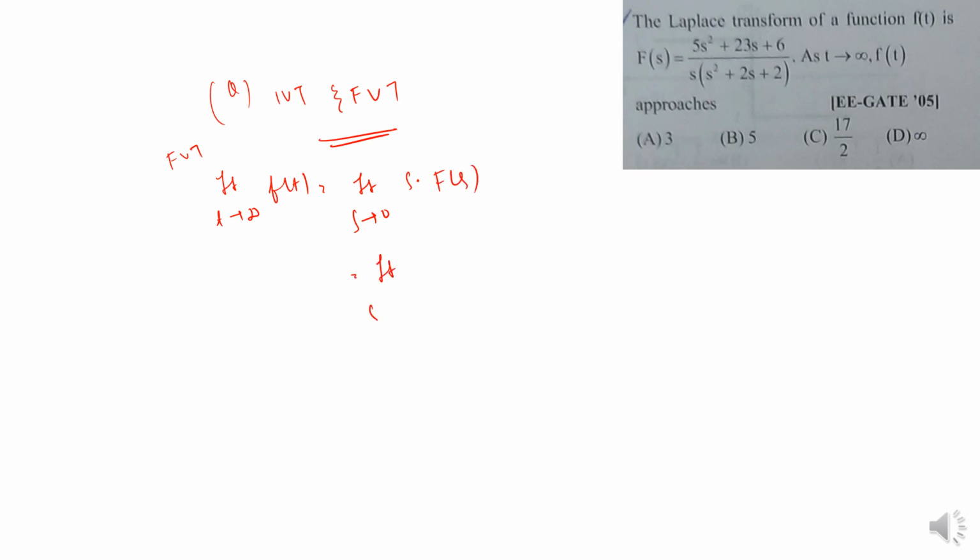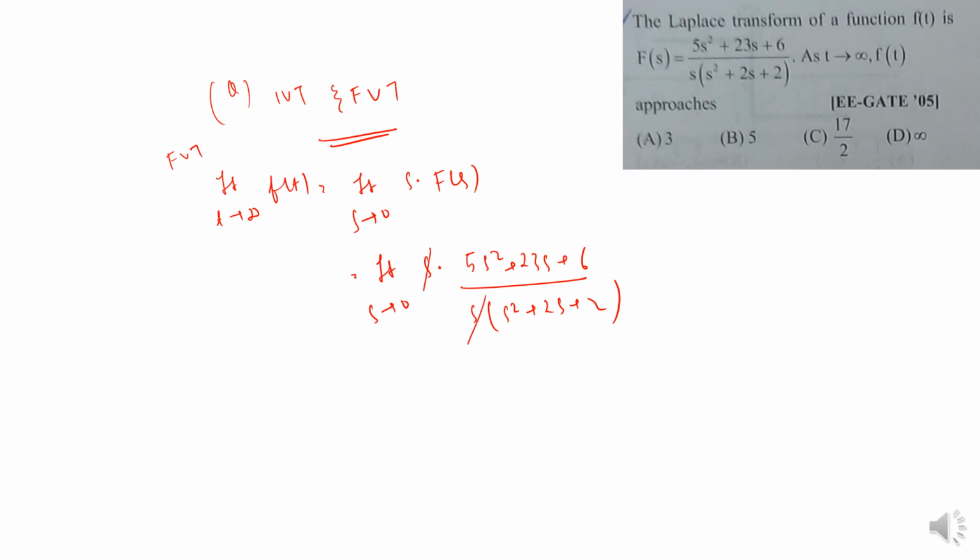Let us see one more question from the initial value theorem and final value theorem. As t tends to infinity, this is the final value theorem: limit t tends to infinity f of t is equal to limit s tends to 0 s into F of s. What is that? s into (5s square plus 23s plus 6) by s into (s square plus 2s plus 2).